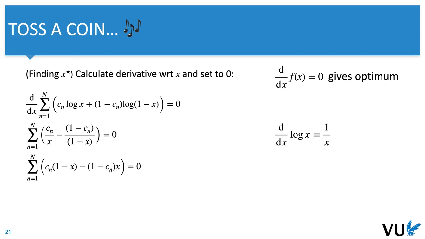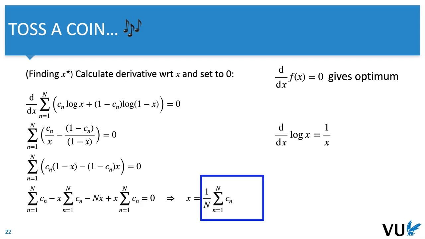If we reorganize everything, multiplying both sides by x times 1 minus x, we are getting closer to our solution. Reorganizing again, we end up with the solution that x equals 1 divided by n times the sum of cn's.